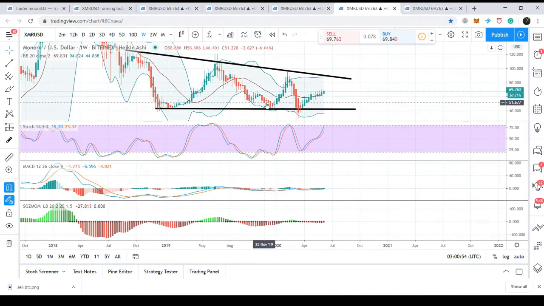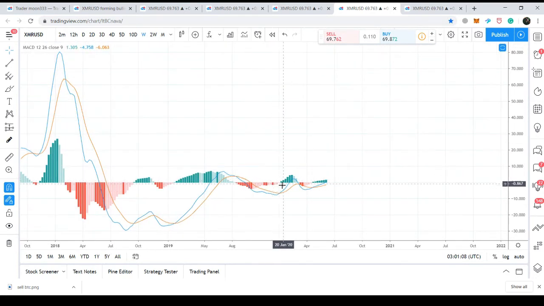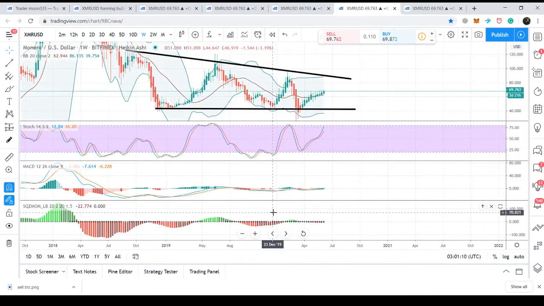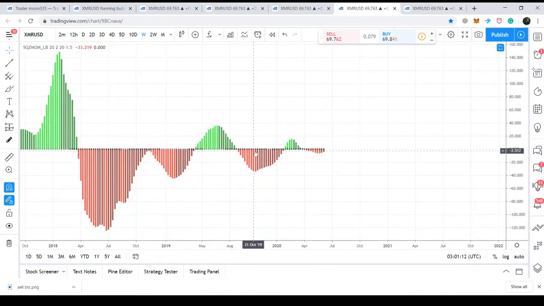And here in the month of December, we have seen the same move: when the price action reached up to the support of this wedge, then we received a bull cross by the stochastic. The MACD started turning bullish, and finally we received the bullish signals by the momentum indicator before December, on 4th November.